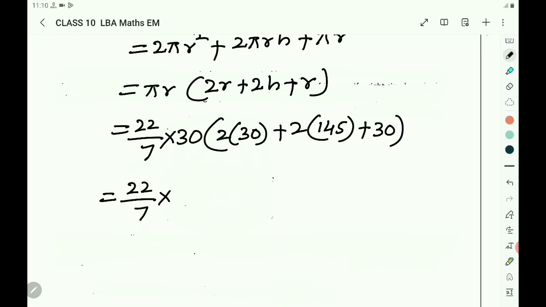22/7 into 30. 2 into 30, 60 plus 2 into 145. 5 2s are 10. 1 carry. 2 4s are 8 plus 1, 9. Then 2 1s are 2. So 2 into 145 is 290 plus 30.